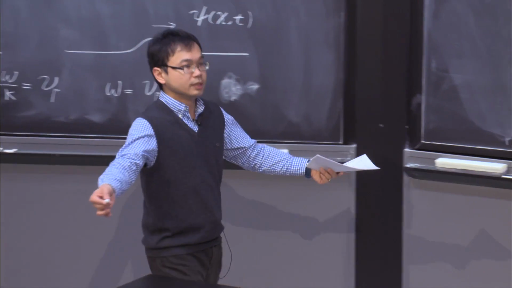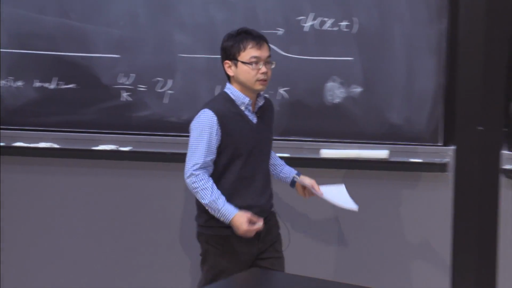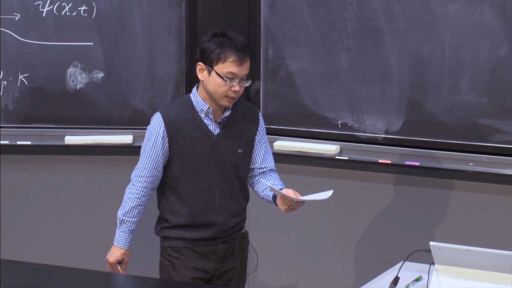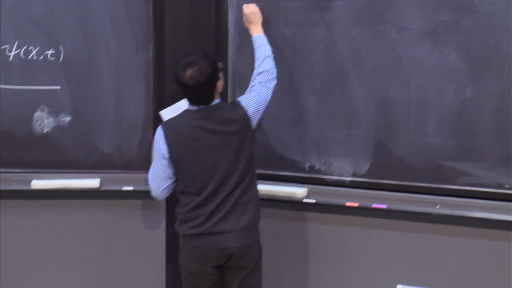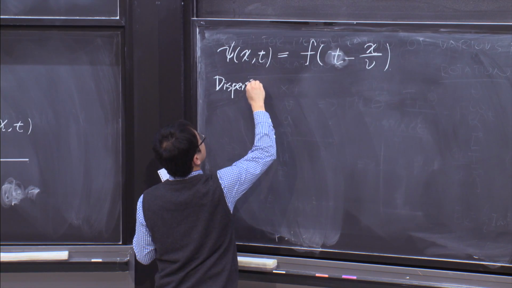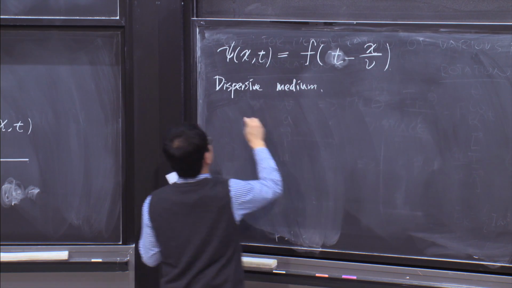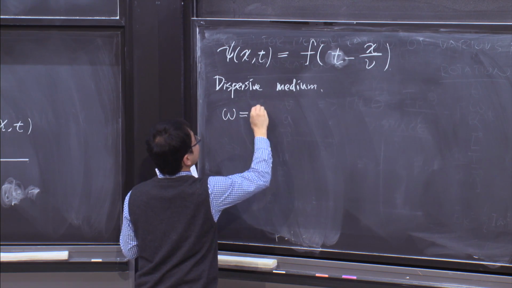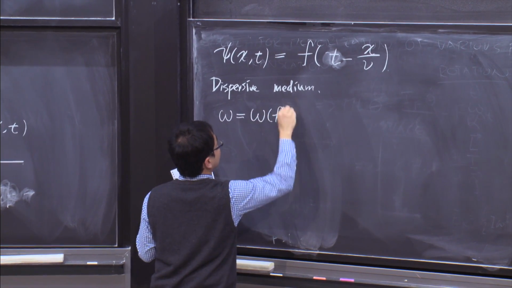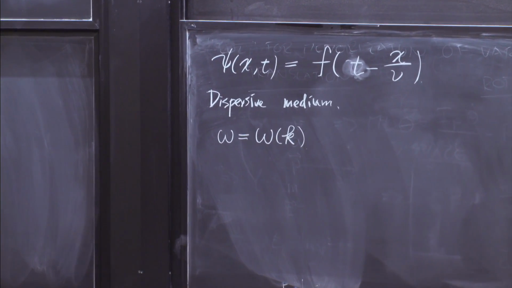So this is actually really nice for non-dispersive. As I introduced before, when we talk about dispersive medium, omega is actually a function of k and can be a nonlinear function. So what does that mean?